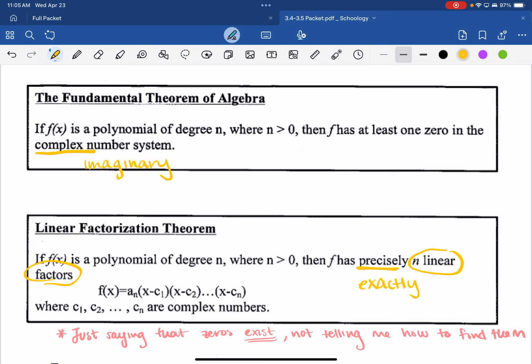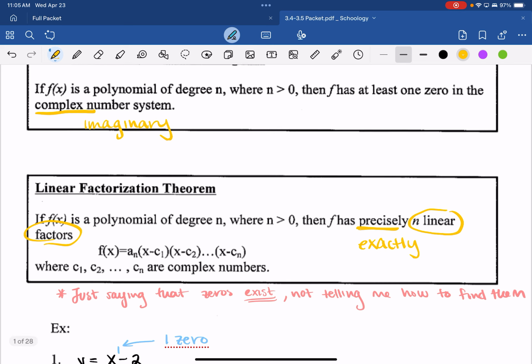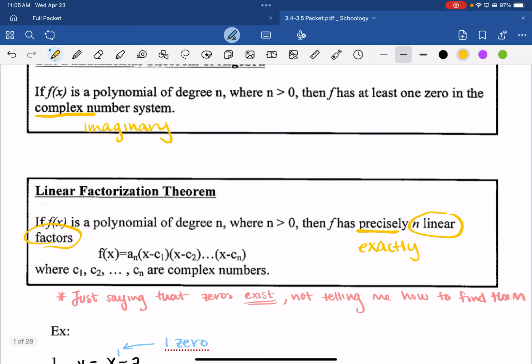This is an even stronger theorem. All it tells me is that the leading term's exponent is the exact number of zeros we'll have. Now, that little asterisk that I put down there is important because this theorem tells me how many of them exist. It doesn't tell me what they are or how to find them.